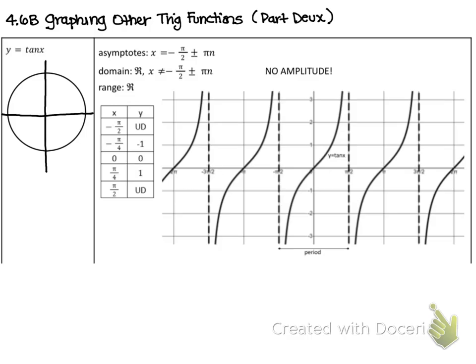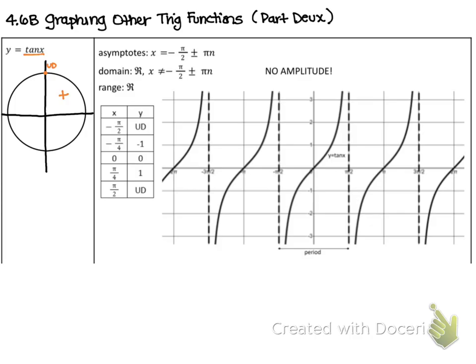So if I color code tangent values as orange, if I'm in the first quadrant here, then I know my tangent values are positive. If I go up to the very top point here at pi over 2, that point is 0, 1. Remember that tangent is sine over cosine, which means up here, tangent is going to be undefined.